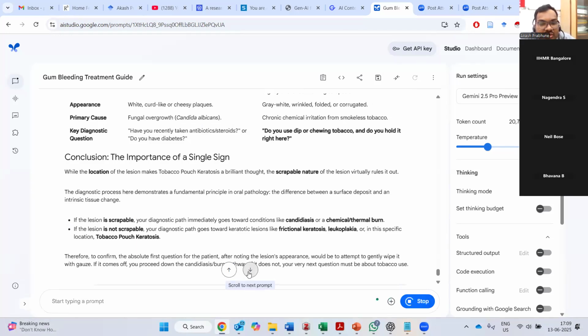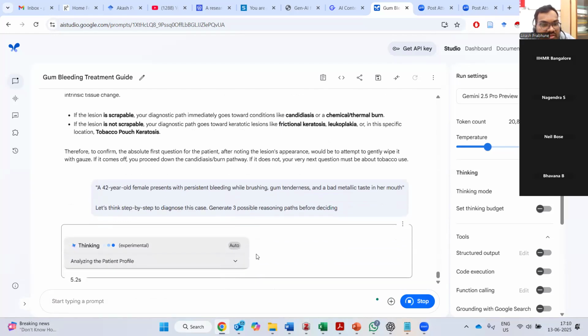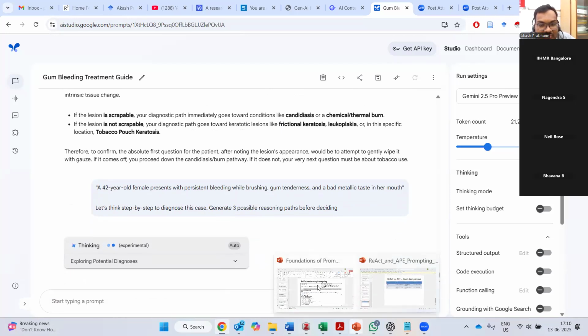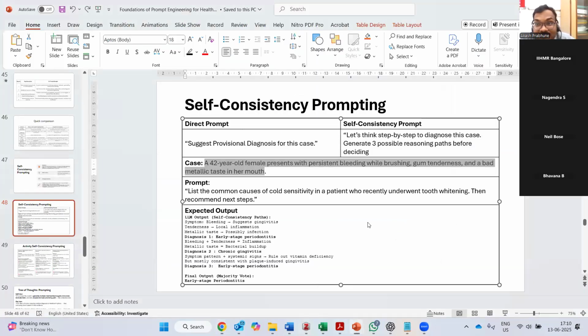You can also try with the chain of thought prompting first and then try your self-consistency prompting.